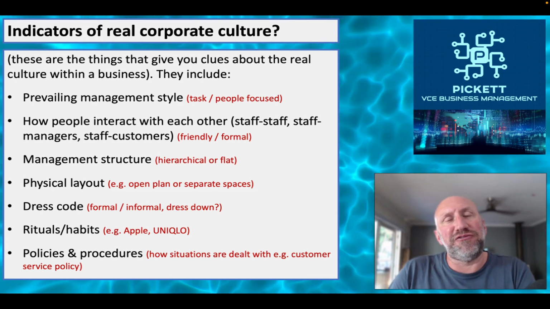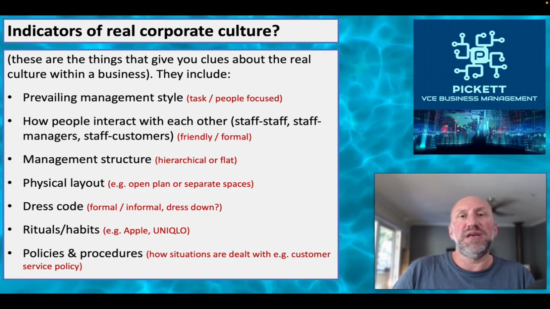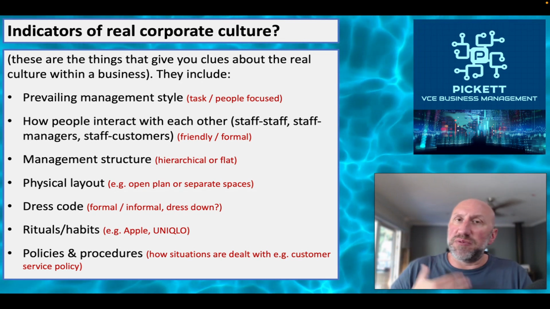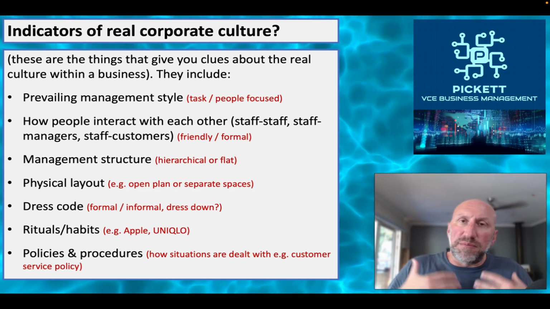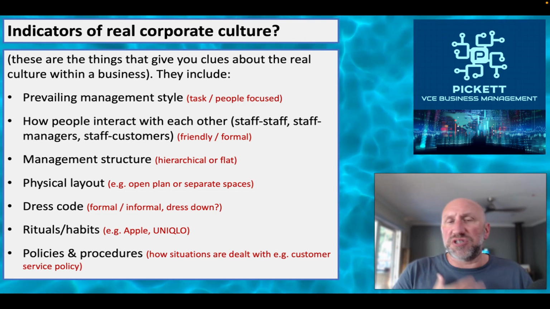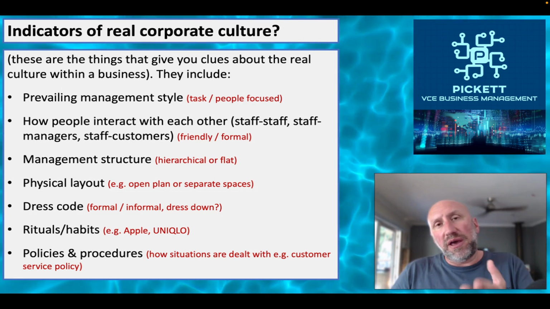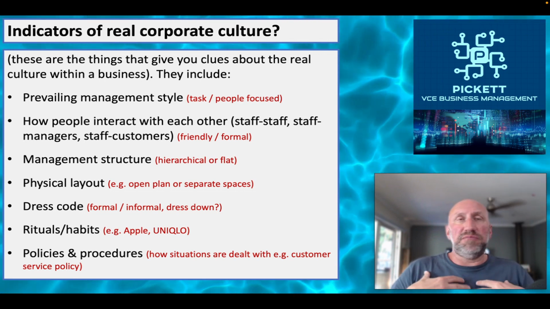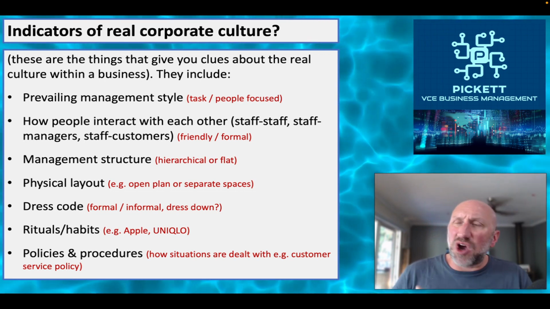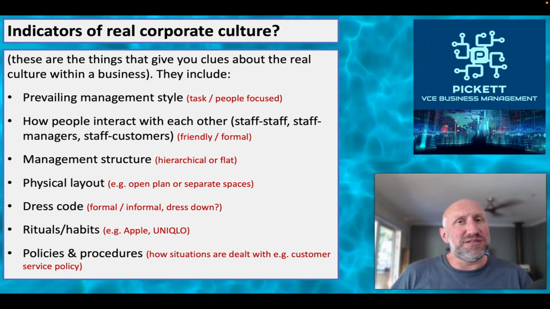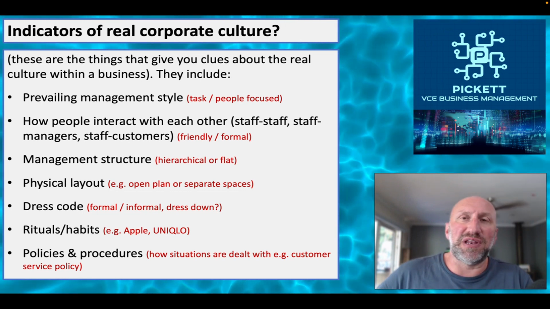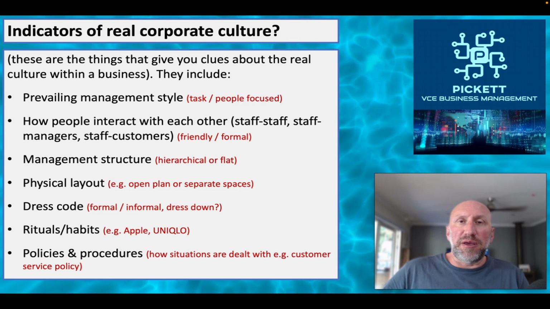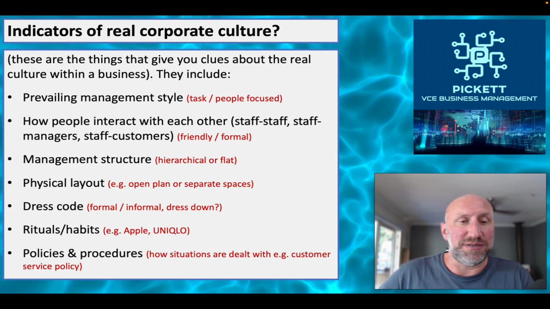Again, thinking about an office. If you go to some offices in the city, you'll see that everybody is very much suited and booted. The men will be wearing suits and ties, all that stuff. And if you go to some offices, you're going to see open collars, no ties, maybe no jackets. And again, that's just a reflection of the level of formality of the culture of that business.